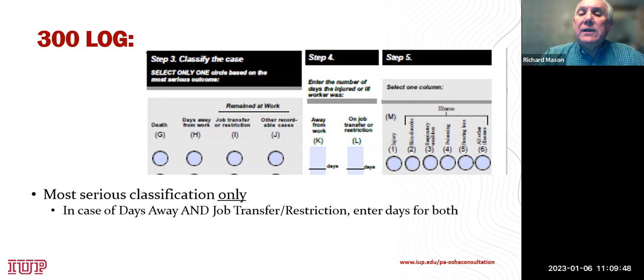But then when you record the days, even though you've only checked this box, you can still enter days under days away from work, and then enter the number of days the employee was also transferred or restricted due to the injury. Okay. And then you also just classify whether it's an injury or some sort of an illness, hearing threshold shift, whatever category you fall under.